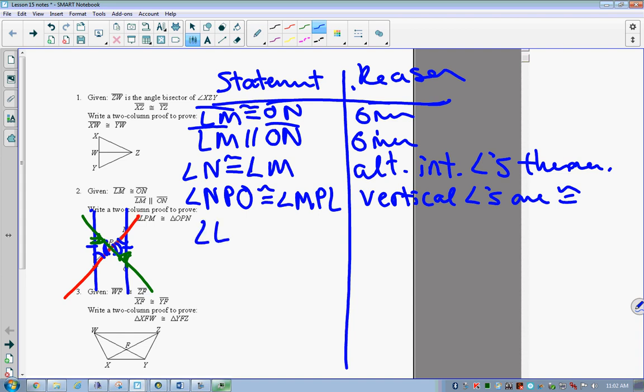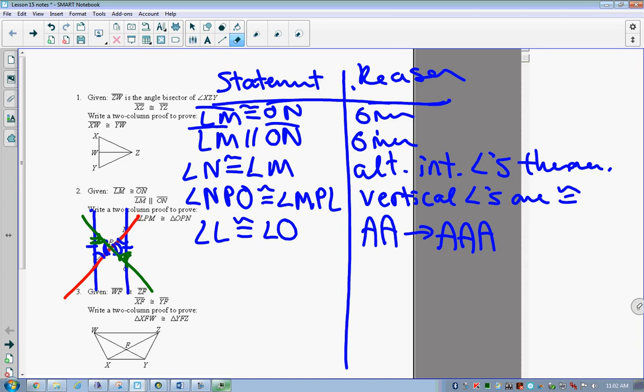So we could say angle L is congruent to angle O, by saying, and this is the shorthand for that, two angles, then three angles. Okay, but like I said, you could have used the same rule that you used for angle N being congruent to angle M. Okay, now can I prove that these two triangles are congruent?